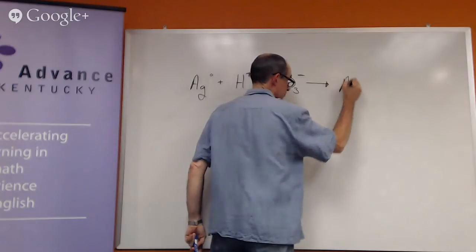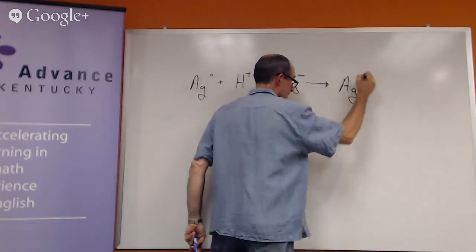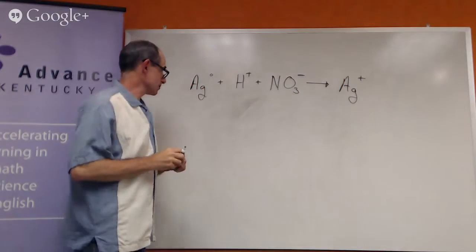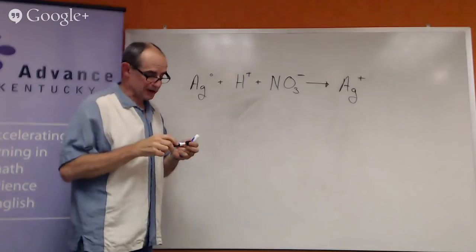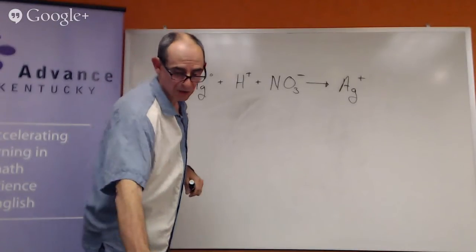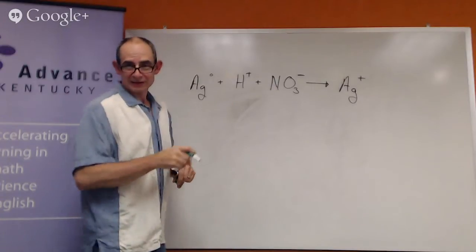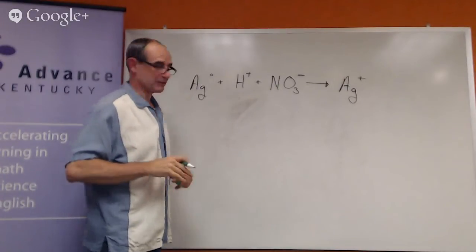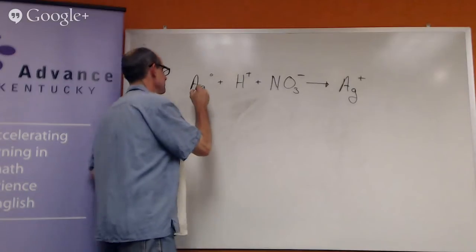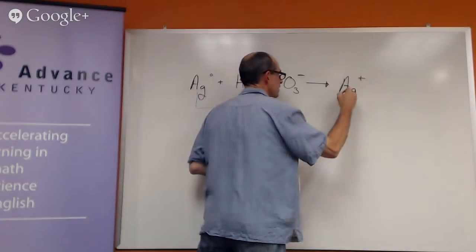We know one of the products is silver ion with a +1 charge. And then there are a couple of other products that you may or may not know. This is as far as you need to get for the question we just looked at, but I'm going to go ahead and look at this.